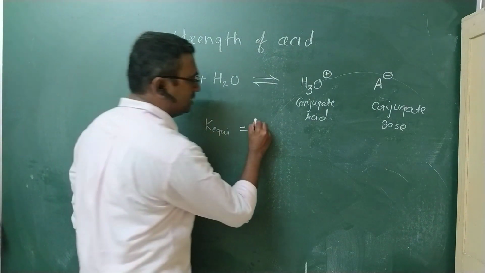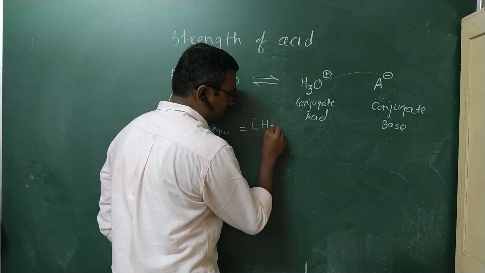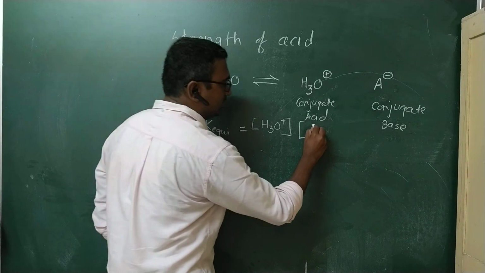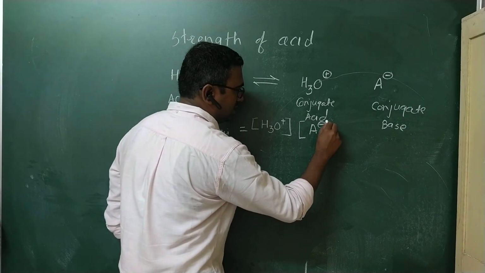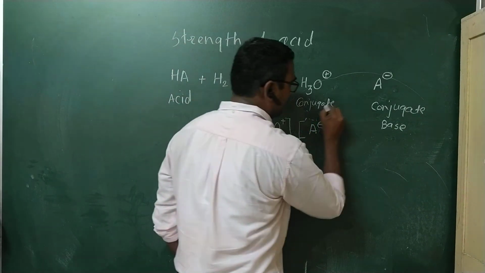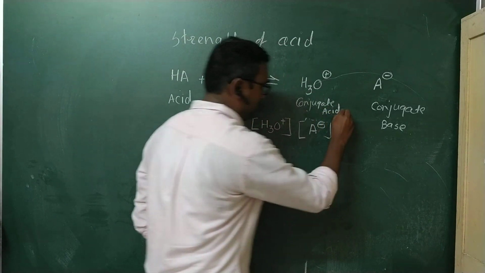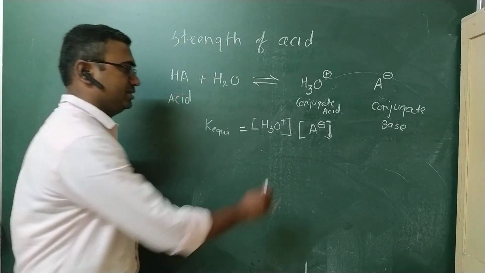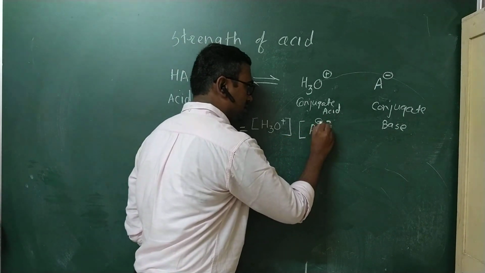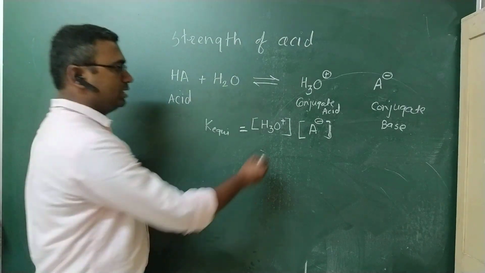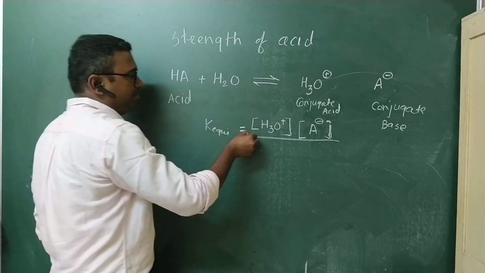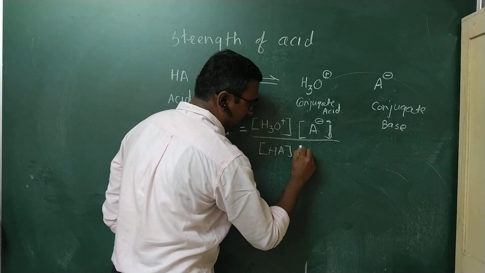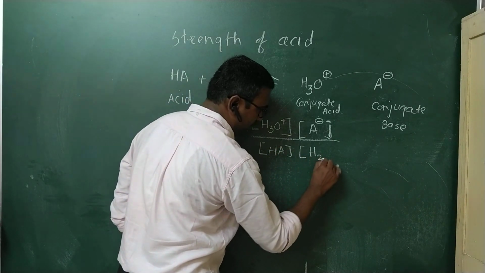So at equilibrium, we can write the expression where the square brackets indicate the concentration. The numerator, the concentration of H3O plus and A minus, is divided by the concentration of HA into the concentration of H2O.